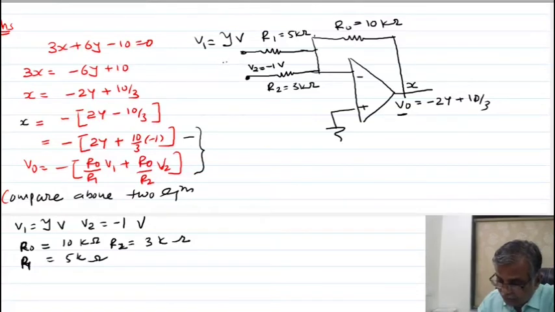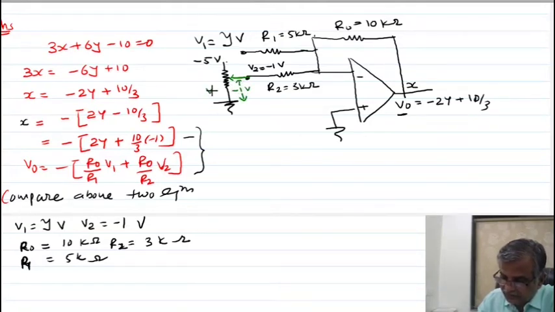Here I will use a potentiometer circuit. This is a ground. Here I will give minus 5 volt, and by using a potentiometer circuit, I am giving minus 1 volt. That is your V2.